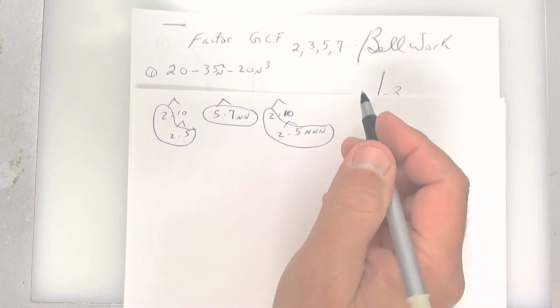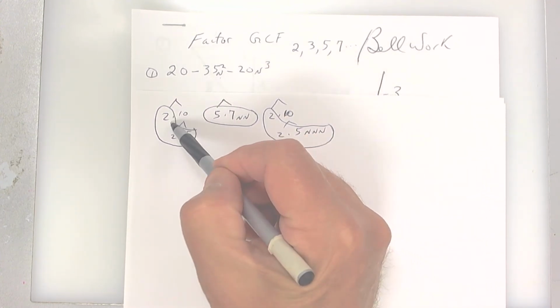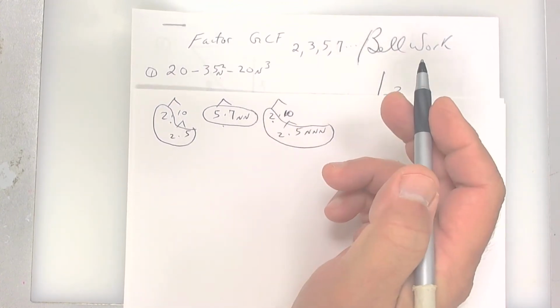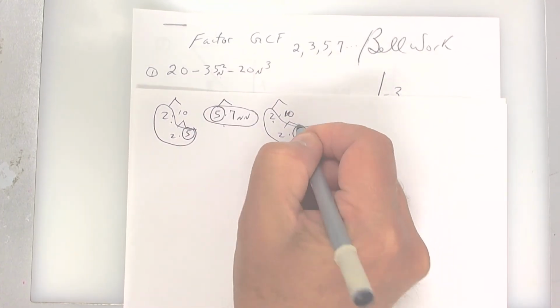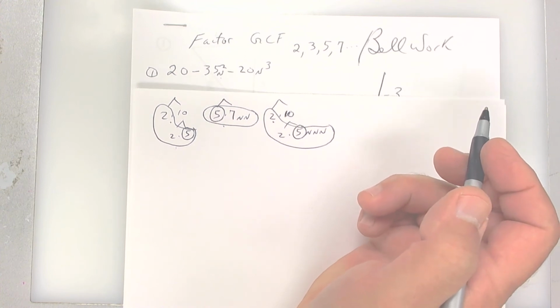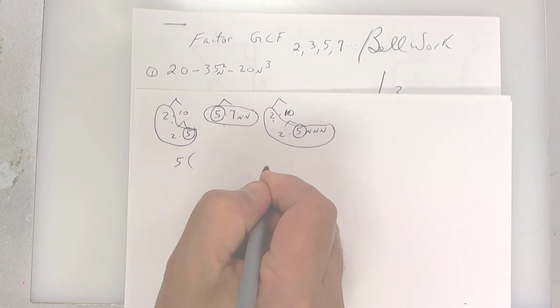And so now you take out what's in common. Well, this one has a 2, this one has a 2, but this one doesn't. So you can't take a 2 out. Looks like they all have a 5. And I don't see any n's with this one, so you can't take out an n. And that's it. So take out a 5.